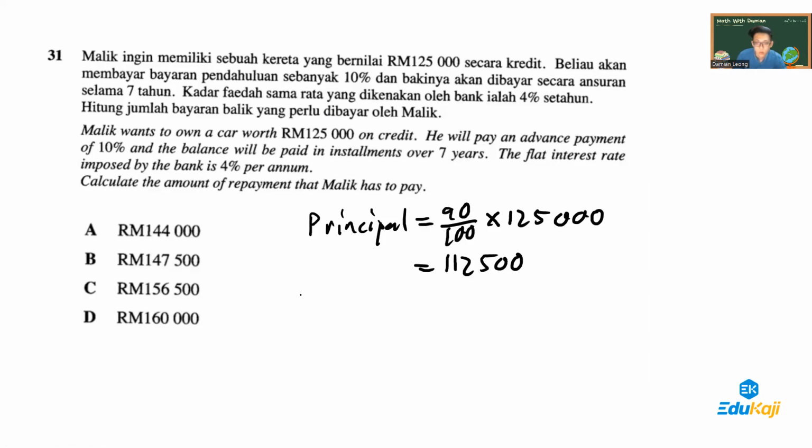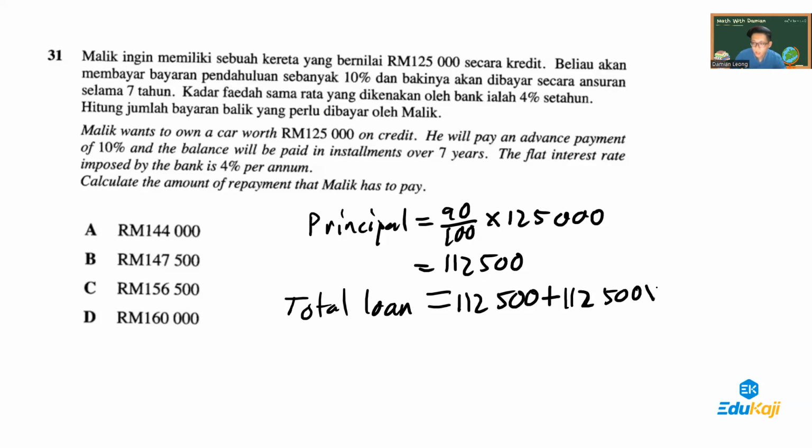So the amount of repayment basically is the total loan after interest, which is the principal plus the interest. Interest is principal times interest rate, 4% per annum, times time.